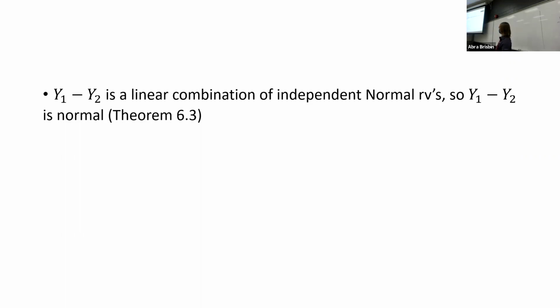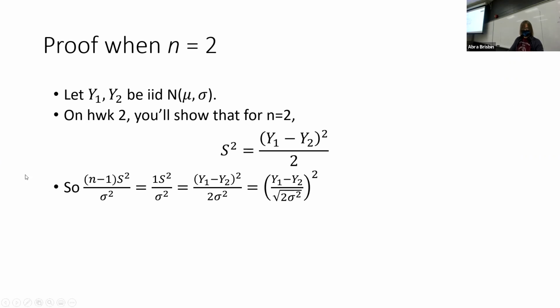All right, so we know it's a normal random variable. Try finding its mean. So the mean of y1 minus y2. Recalling that y1 and y2 each had a mean of mu and a standard deviation of sigma.